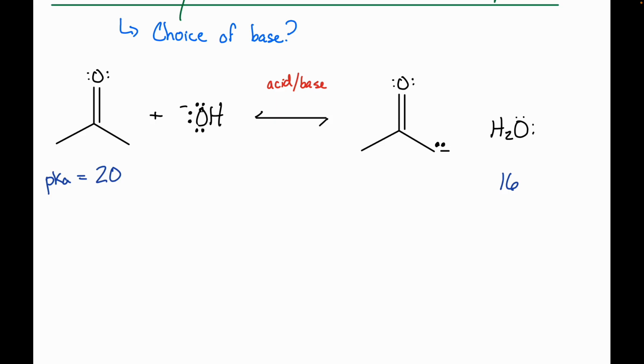So which one of these is the stronger acid, water or our ketone? Water, right? Lower pKa means stronger acid. Well, if water is the stronger acid, that means it wins, meaning that it is going to be the acid. This reaction here favors our reactants.